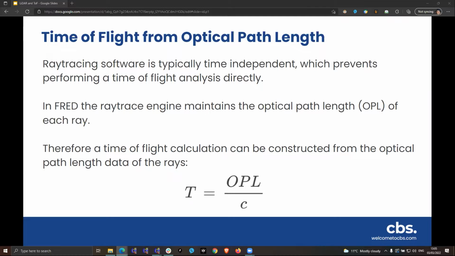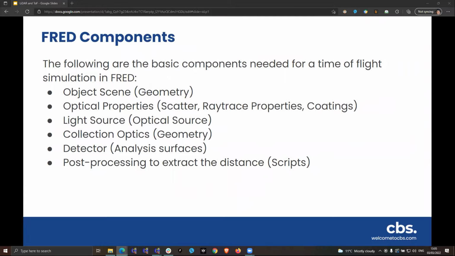So in terms of a basic FRED model to look at a time of flight system, we need the following things, really. So we need an object scene. That's the items that we want to take some distance measurements of. And it takes the form of some geometry in terms of the things that we need in our object tree. We also need some optical properties.